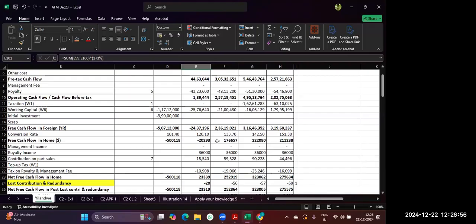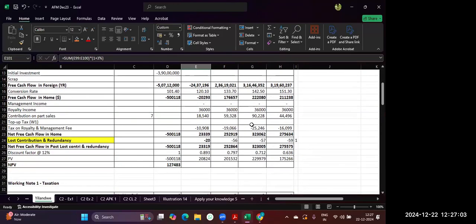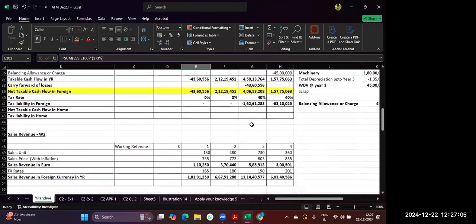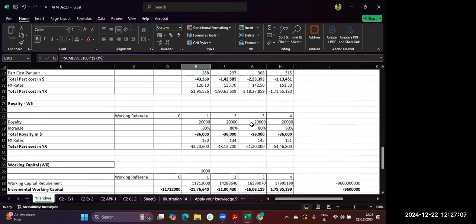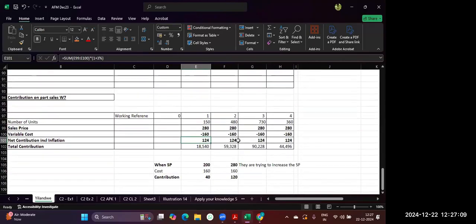Yes, someone has raised their hand. I just had one doubt. The inflation of 3% will be on the previous year, right? You took 124 for all the 4 years. Oh yeah.